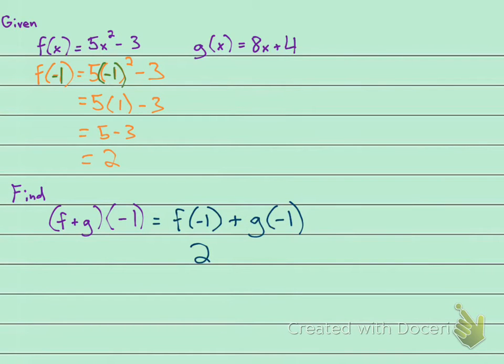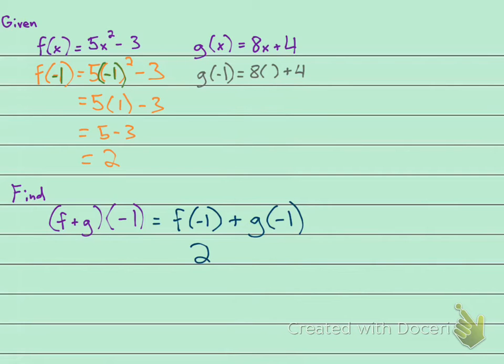Now we need to find what the g of -1 is. So here we go. I'll get a different color. Let's go with gray. So the g of -1, the g of x is 8x plus 4.